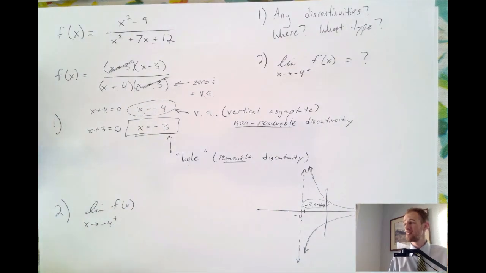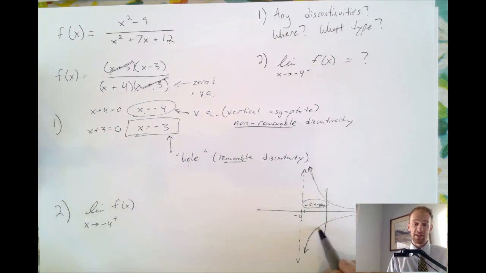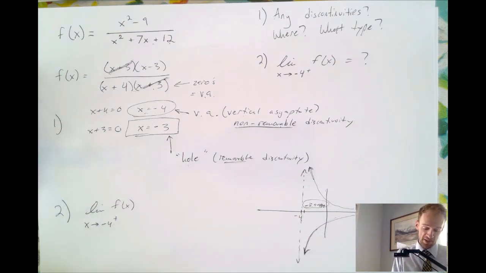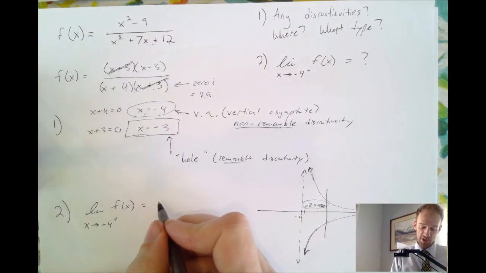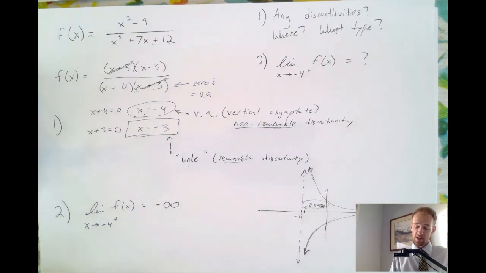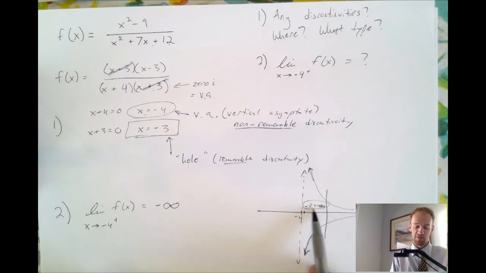It turns out that if I plug in -3.999, I get a very negative number, which means I can confidently say that this approaches negative infinity, just by substituting a value very close to -4 from the positive side, right?